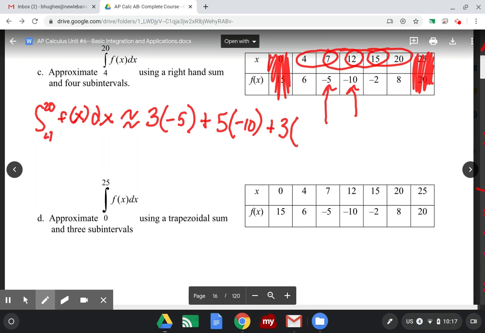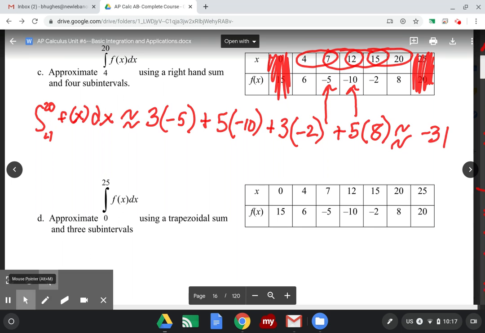And the right-hand side of that rectangle would be all the way at -2. And then plus the last interval is 5 units wide. And I would find the height from the right-hand side, which is 8. So we are approximately at -31, which all that tells you is the majority of the graph in this case is below the x-axis.